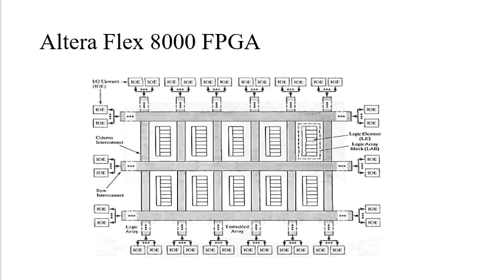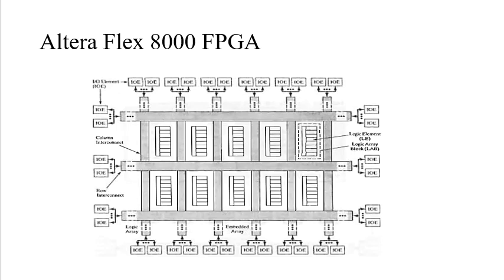The Altera Flex 8000 FPGA consists of a logic array, and each logic array consists of logic array blocks. Each has 8 logic elements, and you have the IOE, nothing but the IOB, the input and output elements.